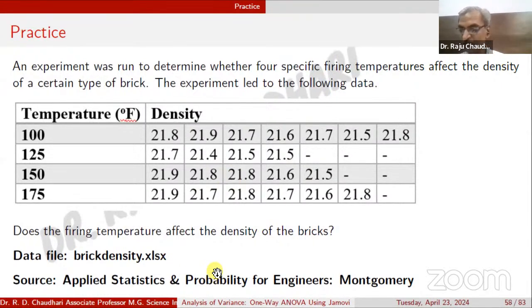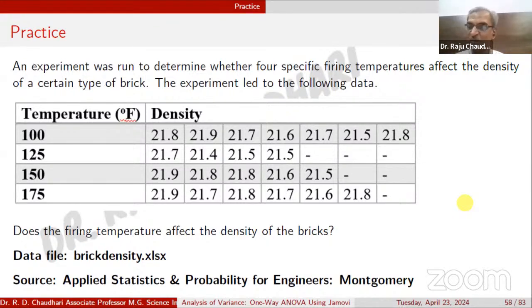So just practice on this, right? Once you practice, you will realize what the difficulties are. Already in my presentation, almost all the steps are mentioned, how to enter the data. So see how many variables are there, Kanchana? There are two variables. So you have to create two columns.